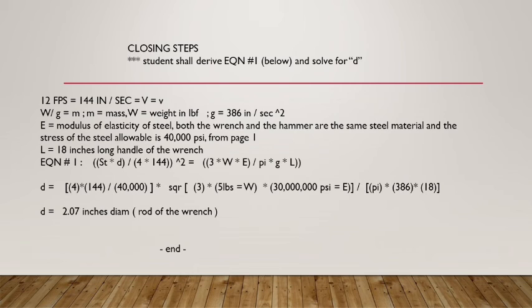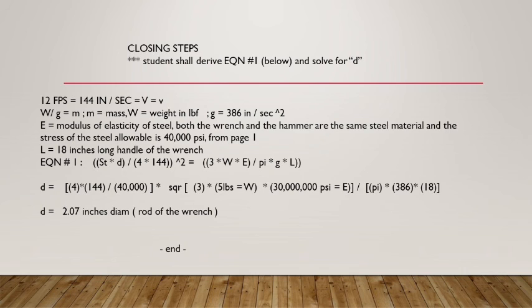Maybe it's not 40,000 psi like we put into the assumptions at the beginning of the problem. Maybe it's really 39,000 psi. Or maybe it's not 12 feet per second, maybe it's 11.5. So now you as the engineer, as the technical analyst or the data analyst, have the spotlight on you to make a determination as to how you want to proceed.